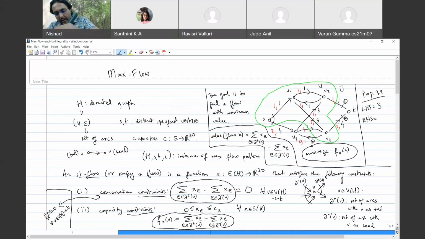And this one here has to be added. Okay, those are 4 arcs. There are 2 more arcs which are crossing this cut, but those are going inside U from U bar. So this one here has to be subtracted, and there is one more, right? This one here has to be subtracted. Those are going from U bar to U.